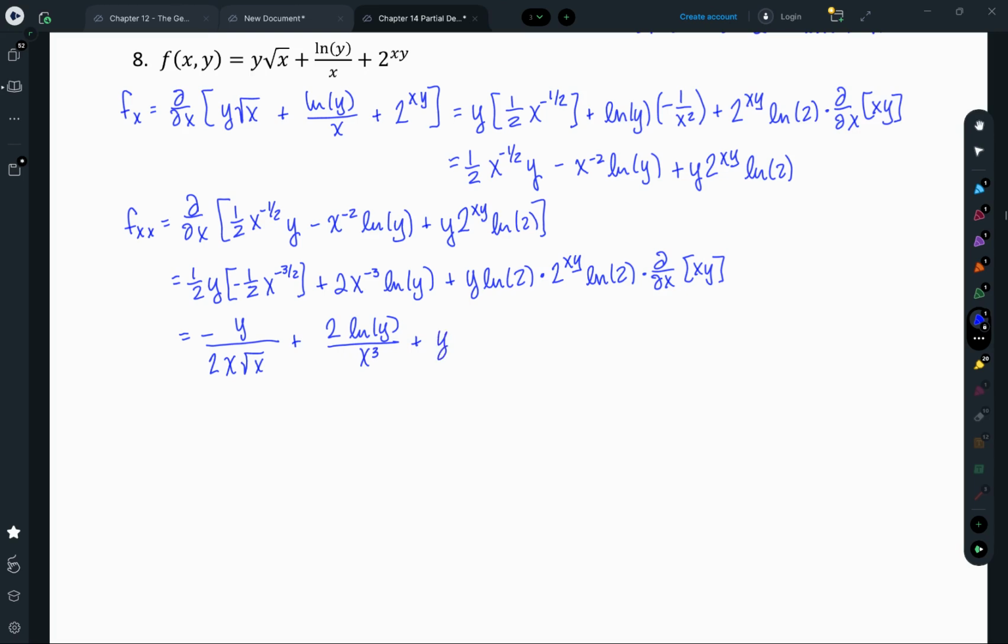So I have y squared, and then I also have ln of 2 squared, and then times 2 to the xy. And this is f sub xx. That's as good as it gets.